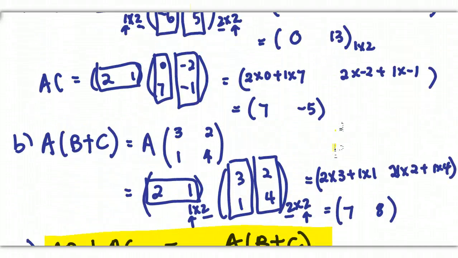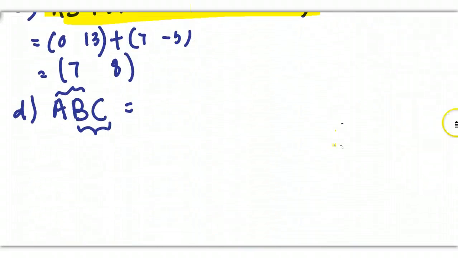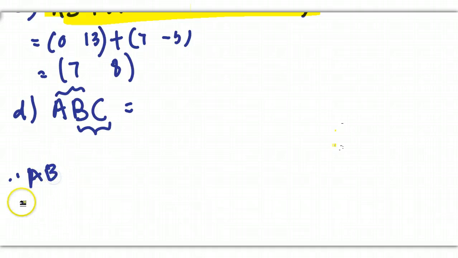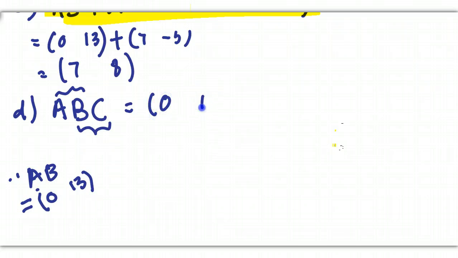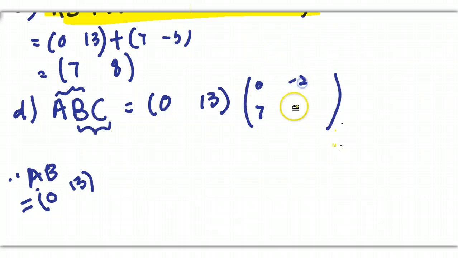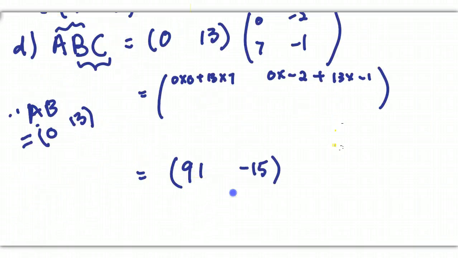In this case, since I already have AB, recall in part A, I already know that AB is equal to 0, 13. So I will use this 0, 13, which is AB times C. And if you work this out correctly, you should get this as your final answer.